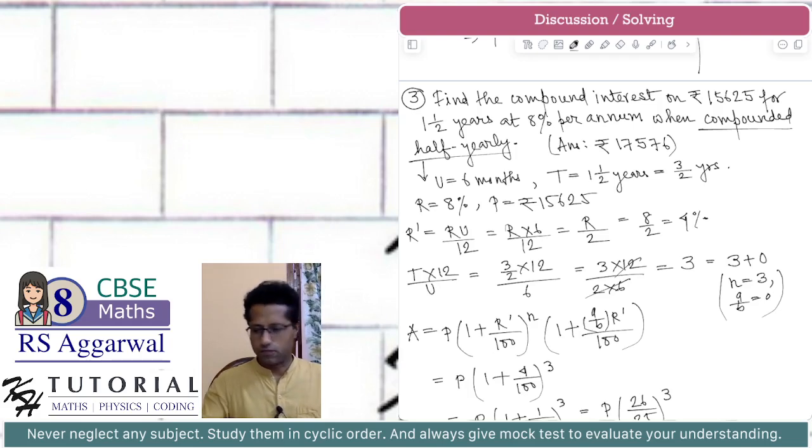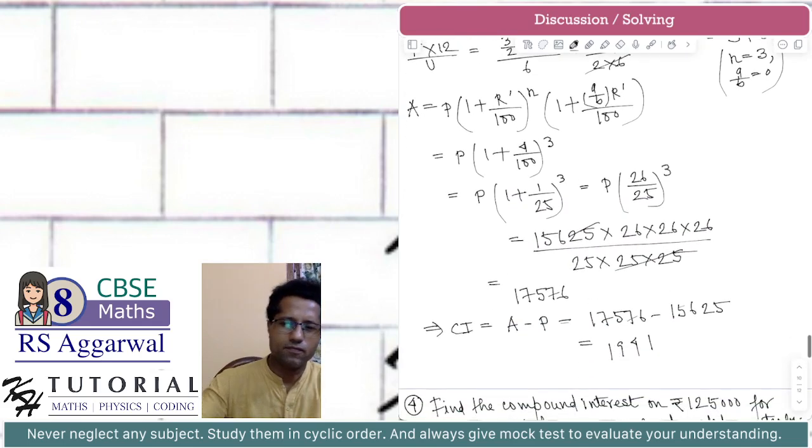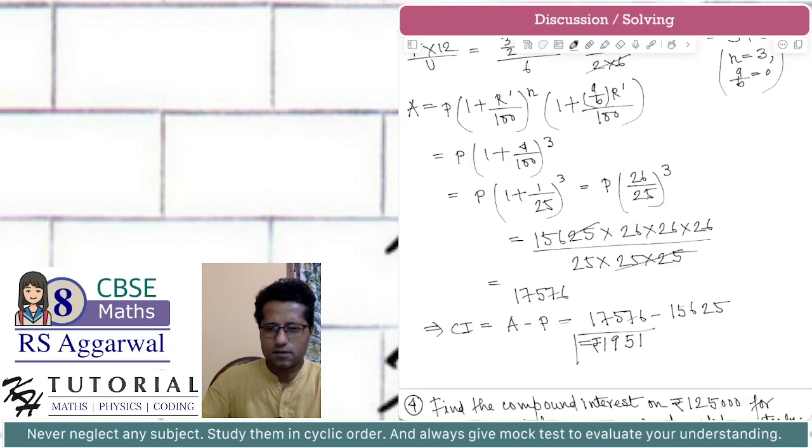The compound interest is 1951. 1951. How come I got 1941? So 1, 6, and then 5, and then 9 and 1. Okay. So this is the correct answer.